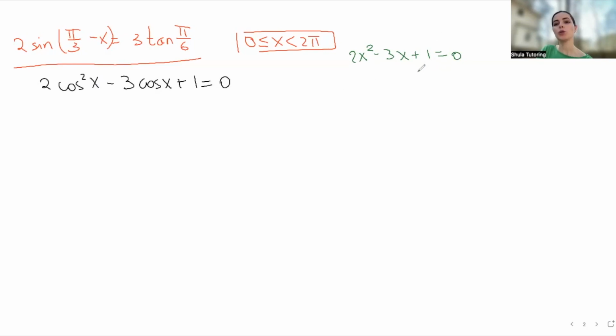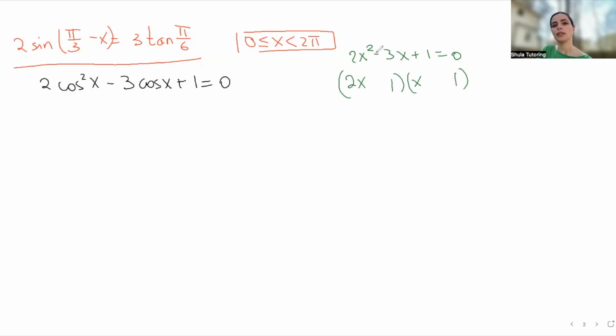You need to find two factors that when multiplied give you 1 and that when added will give you minus 3. And then one of the parentheses will have 2x and one will have just x. And because we just have 1, the factors of 1 are 1 and 1. So the only question is the signs.